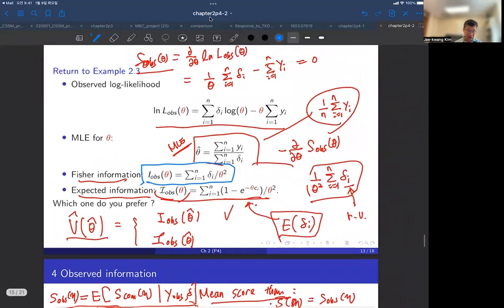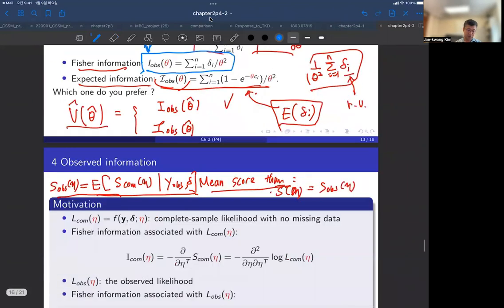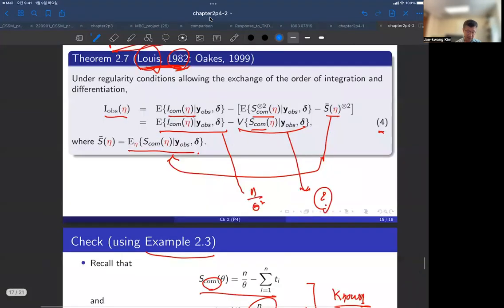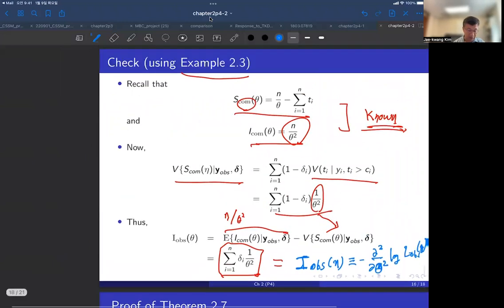We computed it directly by differentiating the observed likelihood, the observed score function. So this result matches what we know: it is the script I that we computed from log L_obs of zeta. So that confirms our theory.